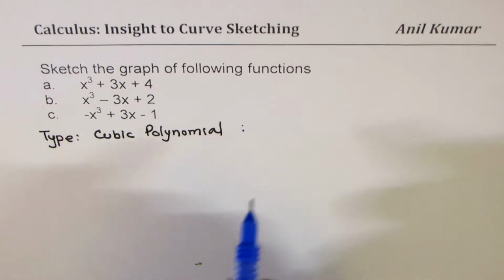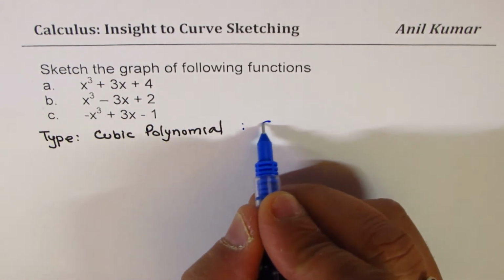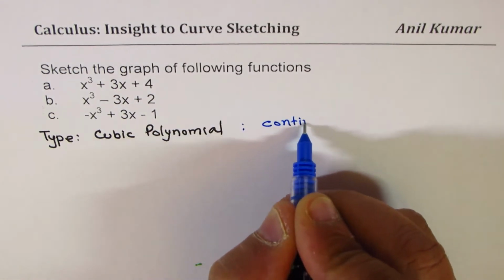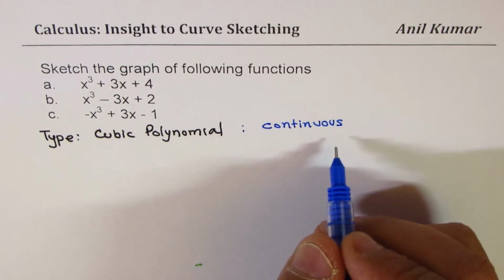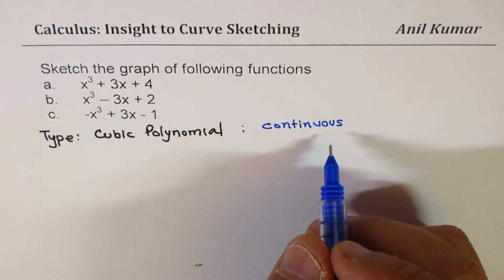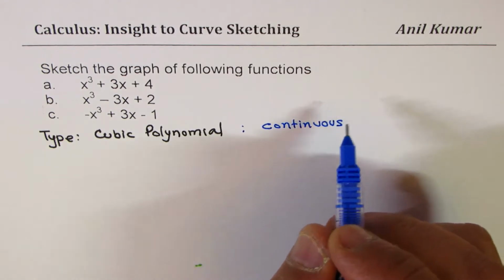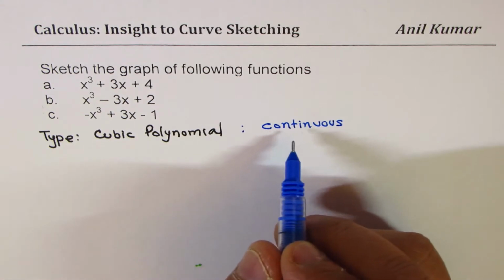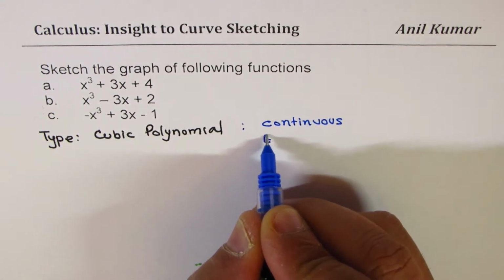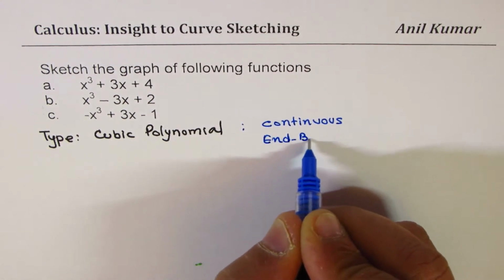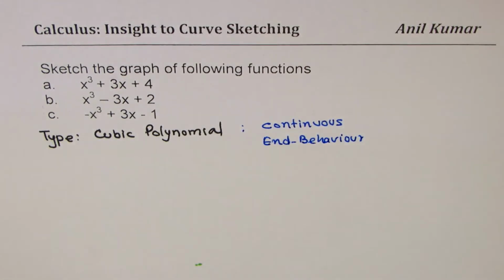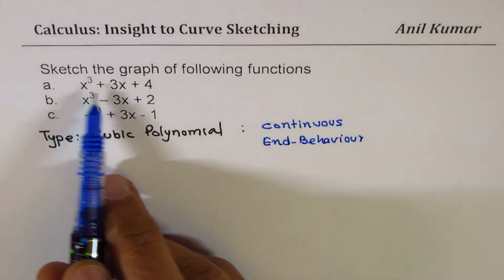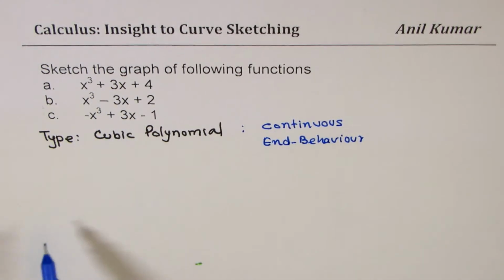They are continuous functions, so we will not work out their asymptotes and holes. What is more important here is to work on end behavior. For any polynomial, end behavior becomes important.